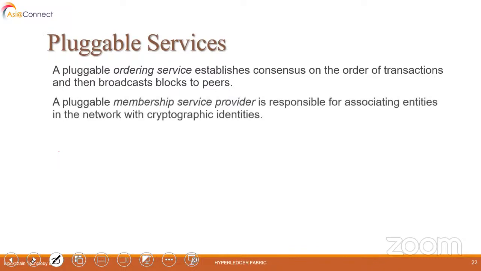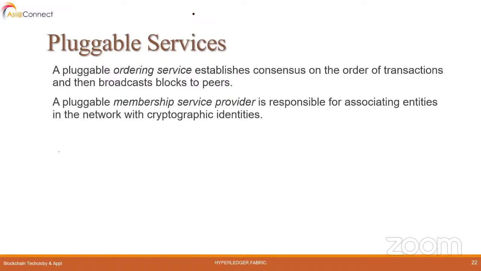So I was telling about pluggable ordering services that establish consensus on the order of transactions and then broadcast blocks to the peers. Is that clear to you now? What does that mean? Ordering services may have a different consensus mechanism that may be changed later.